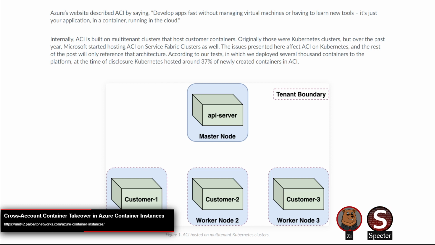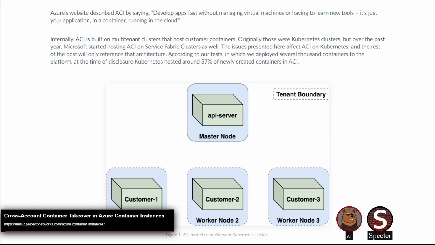One thing I want to jump in quickly with is that this vulnerability only impacts the Azure containers that are running on Kubernetes clusters. Some of the containers will be run on Service Fabric, and those aren't vulnerable to the same thing.